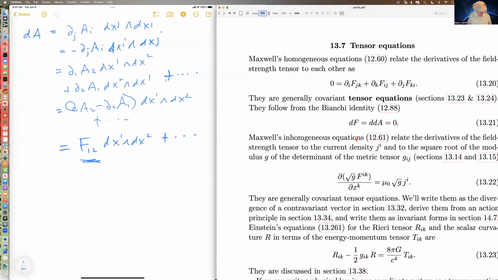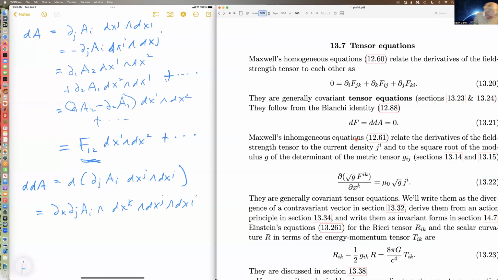And then there's something cute about this D, namely that if you apply D twice, so we've already applied it once and we've got something like partial j Ai dxj wedge dxi. When we apply it a second time, we would get partial k partial j Ai dxk wedge dxj wedge dxi.